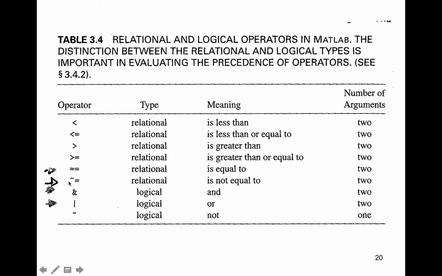If you want to see whether something is not equal to, you're going to put tilde sign equals. So this is not equal. And then I want to pile things together, okay? There's like a logical and, or, and not. So I could just negate a statement, okay? So negating something that is true is false.